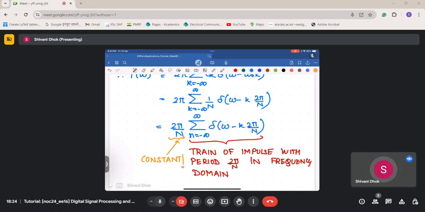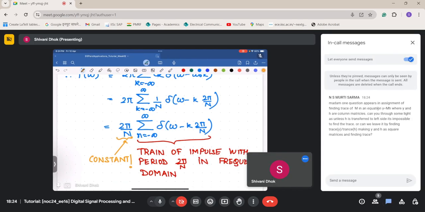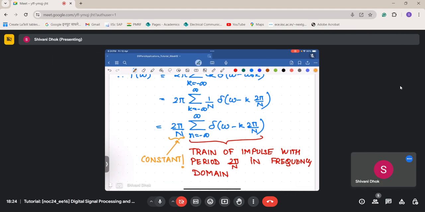It is not depending on omega, and therefore it is just scaling each and every impulse by the same constant. Therefore the train of impulse nature remains as it is.